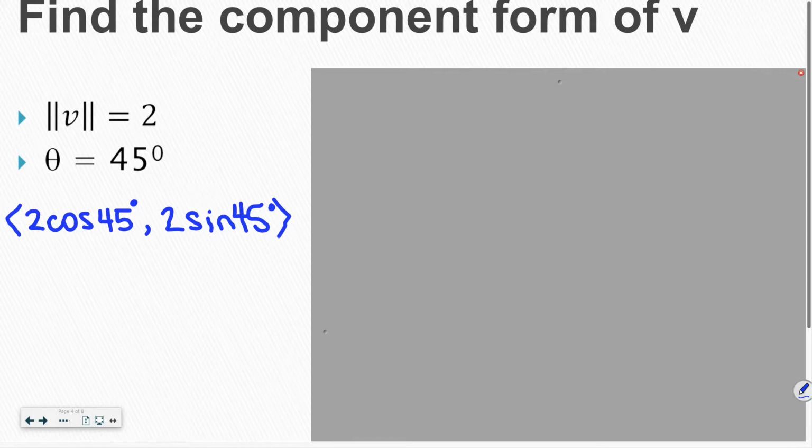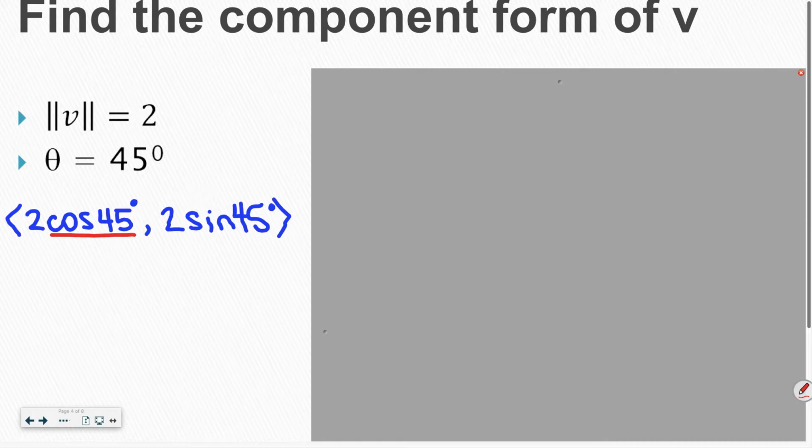I don't know if I said this on Friday, but if you have an angle that is a unit circle angle, I would like the exact value. I don't want you to type this into your calculator. If you have a unit circle value, I want you to give it to me exact. So what is the cosine of 45 degrees?